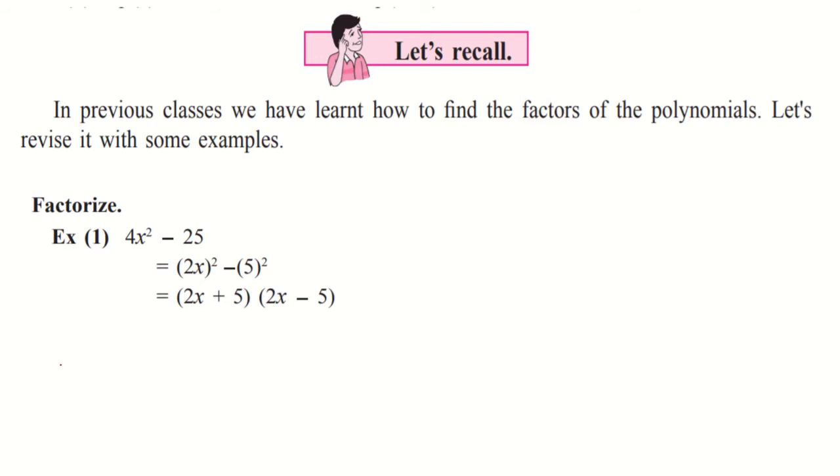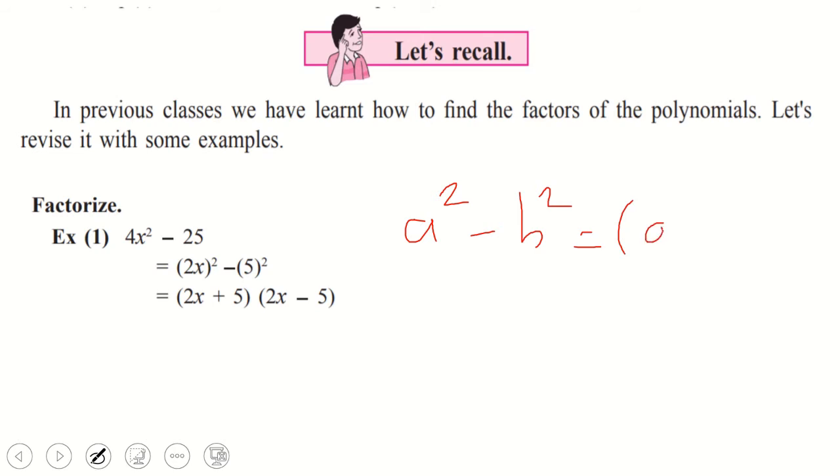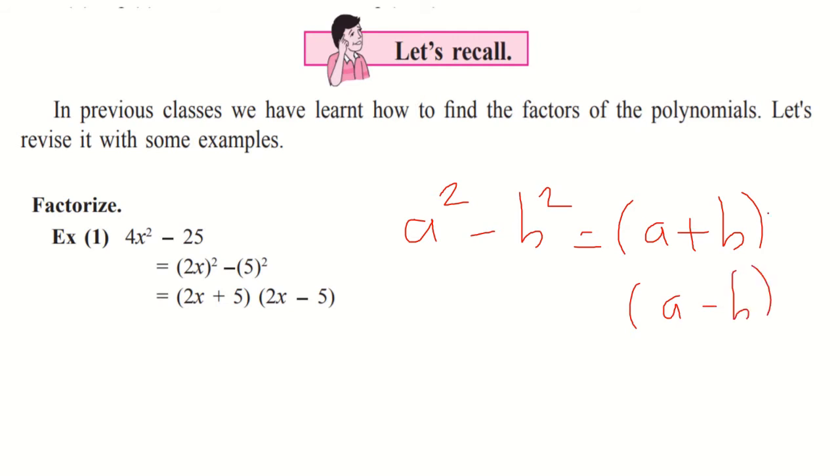Correct? Then you know the formula that a square minus b square is equal to (a plus b) and (a minus b). Okay, so this formula is used here. See, in place of a you have 2x, and in place of b you have 5.